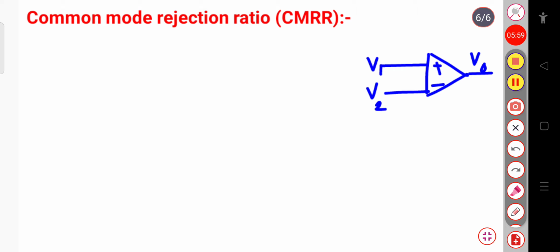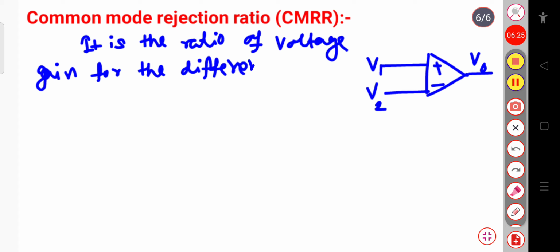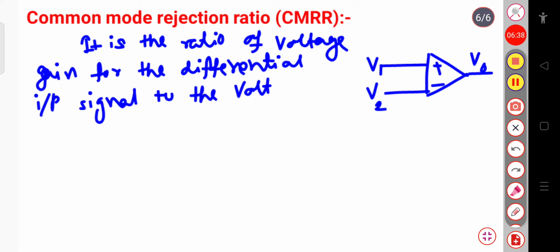So this common mode rejection ratio, or CMRR, is the ratio of voltage gain for the differential input signal, differential meaning V1 minus V2, to the voltage gain for the common mode input signal.